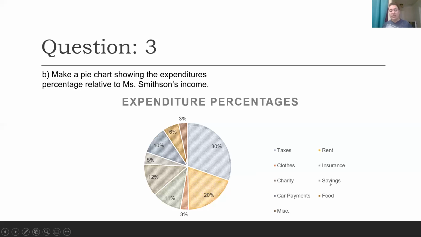It's not the smallest, but it's pretty low as well, relative to the amount of money that she had put back in her savings from the 66,000. Car payment was 10%, food was 6%, and miscellaneous, we're back to that, was 3%. So this is a representation, a picture, a pie chart of her expenditure percentages.